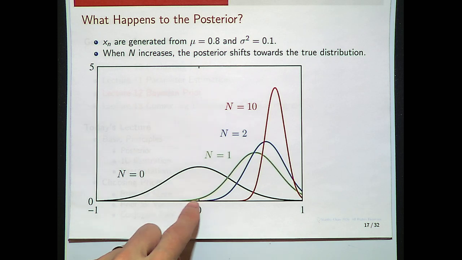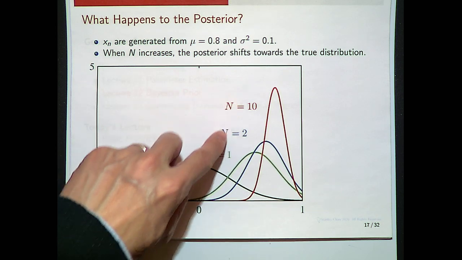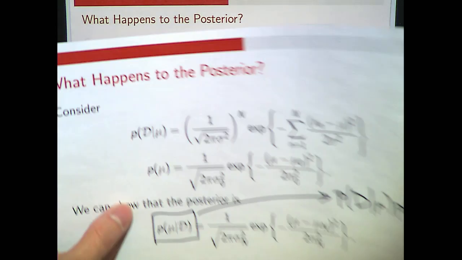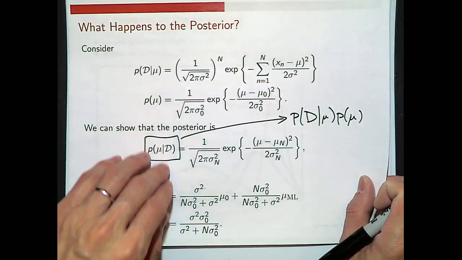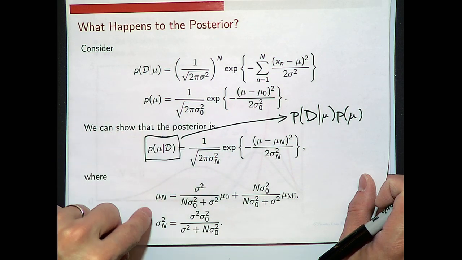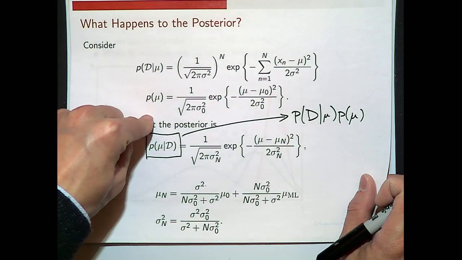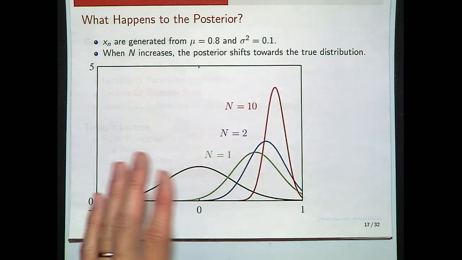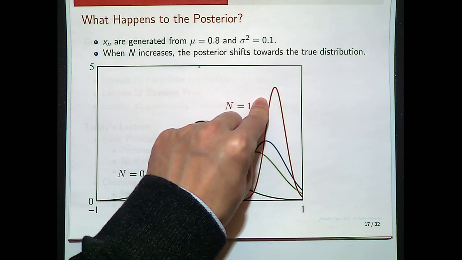Then as I have more and more data points as n grows, my posterior distribution, I'm not talking about the likelihood, the likelihood stays the same, the posterior will be distributed according to this equation. It has its own mean and its own variance. It's just the product of the likelihood and the prior. The posterior distribution will change when the number of samples increases.